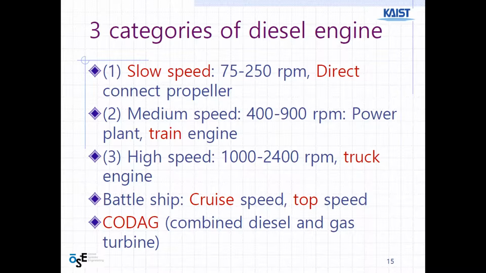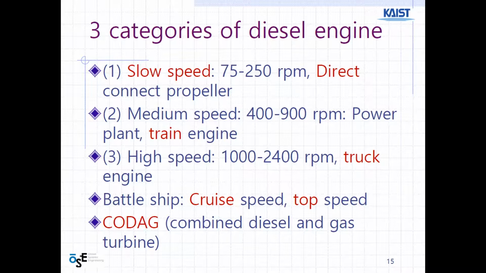And second, medium speed system. The speed range is 400 to 900 RPM. This is used for power plants and train engines. Third, high speed range. The speed range is 1,000 to 2,400 RPM. It is used for truck engines.